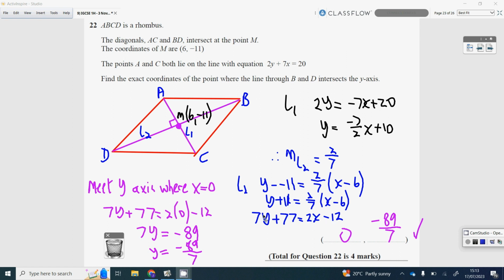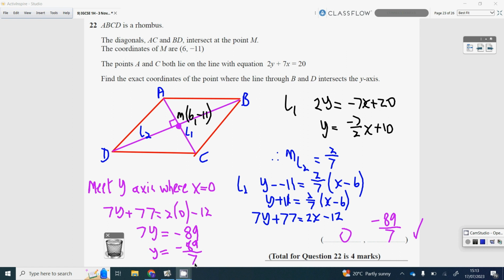Now, where does it meet the y-axis? Where does that line running through B and D meet the y-axis? That's when x equals 0. So I'm just going to substitute x being 0 into this, and that gives me 7y = -89. So divide by 7, my y coordinate is -89/7.